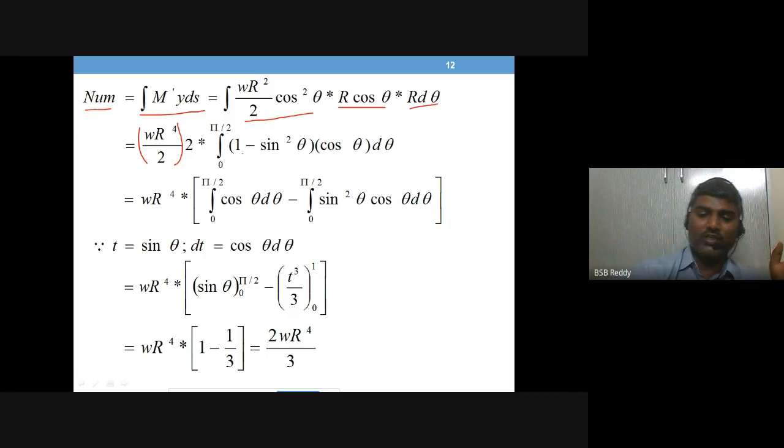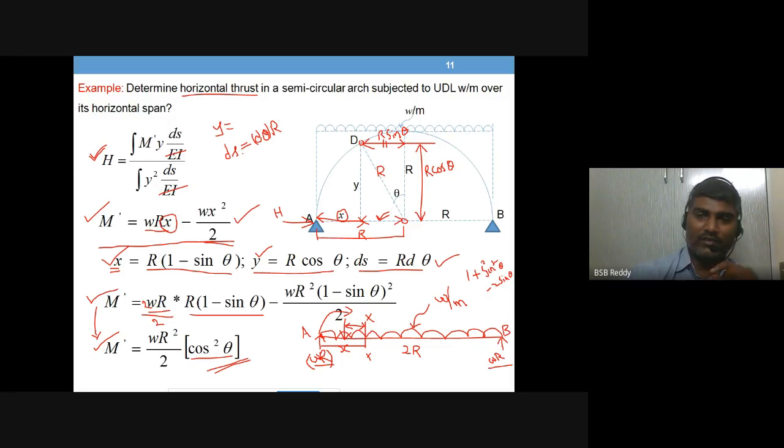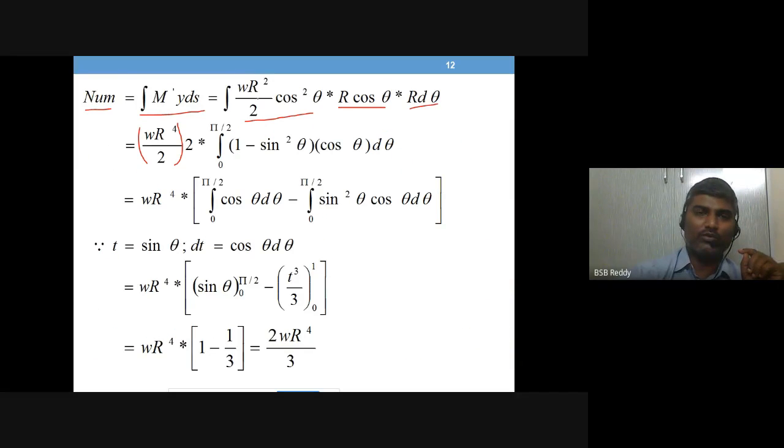Again, if you see, the given problem is symmetric, to the left of the crown and to the right of the crown, both the directions. Load is same, all the properties are same. To the left you have a hinge, to the right you have a hinge. Everything is symmetric. So that's why we will take half of the arch and proceed for integration, and we make that twice.